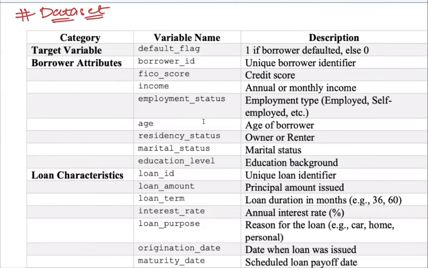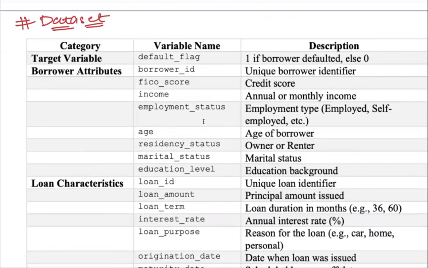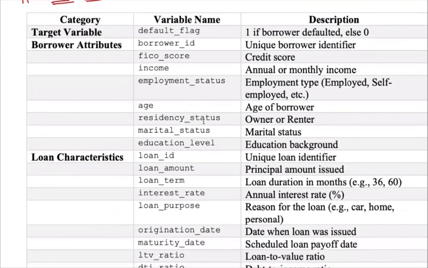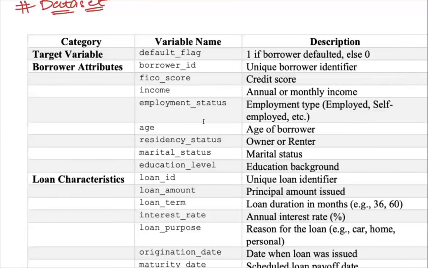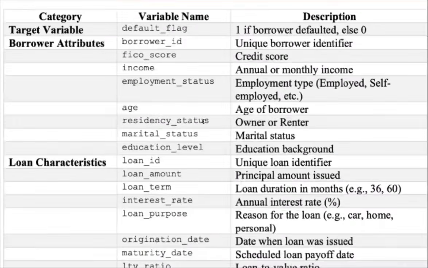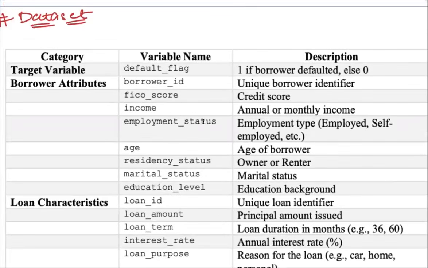Whenever you look at any credit risk data set, and this is also a very important interview question, how does your data set look like? What are the variables in your data set? These are the variables that any credit risk modeling data set will have.